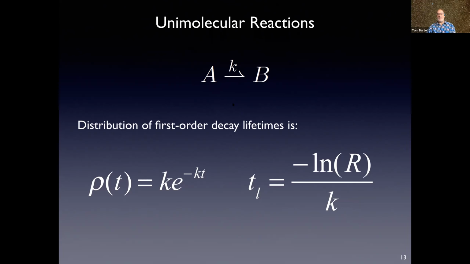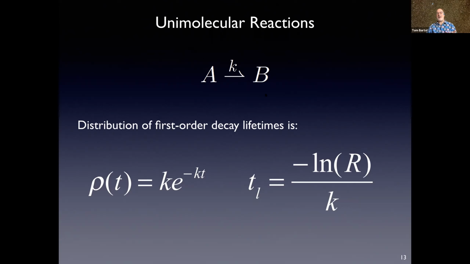And so MCell will let things occur up till each molecule's lifetime, and when its lifetime has come up, if nothing else has happened to the molecule between time 0 and time T sub L for a given molecule, then at the moment T sub L occurs, MCell will say, okay, it's time for that molecule of A to become a molecule of B, or be destroyed, and a molecule of B is created in its place.